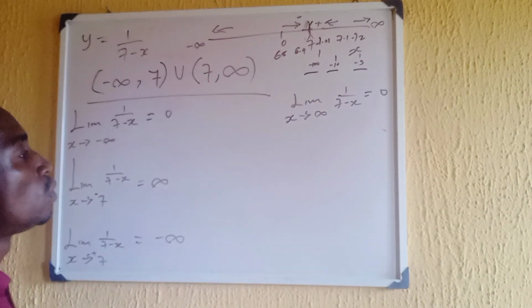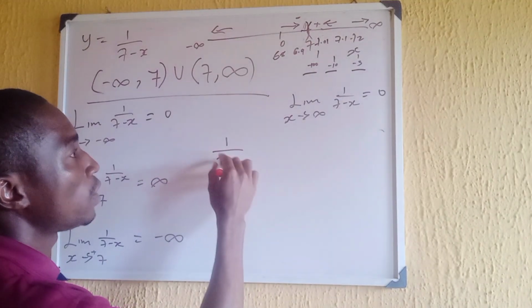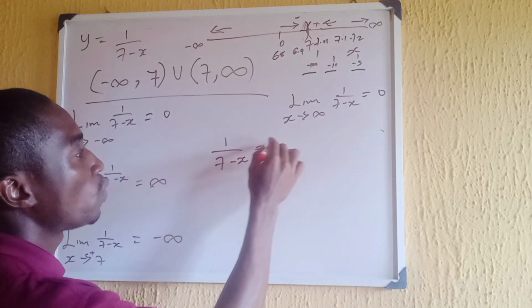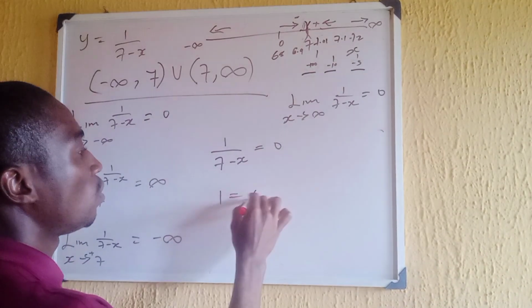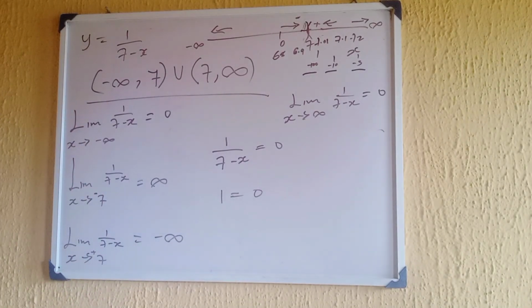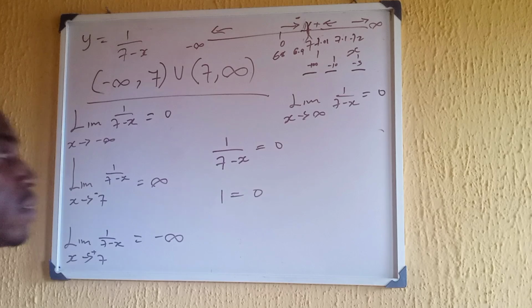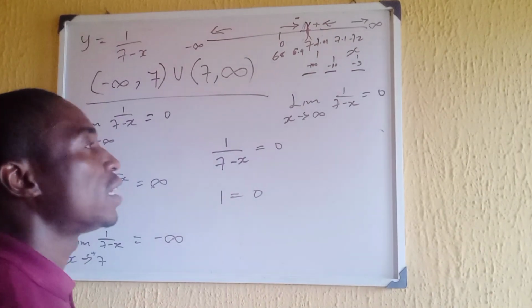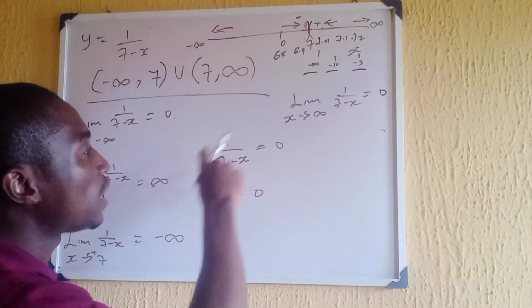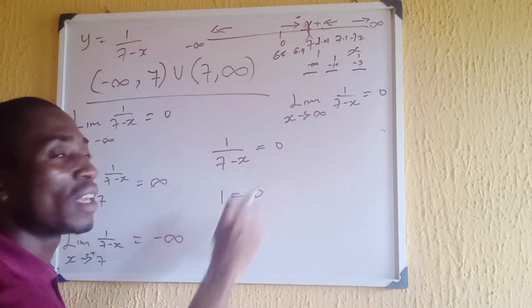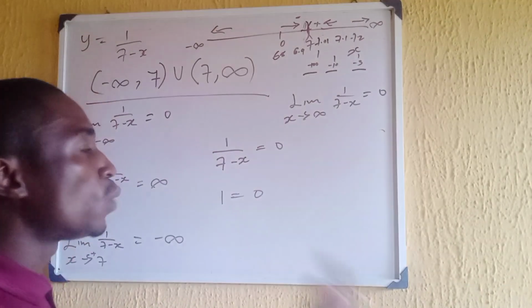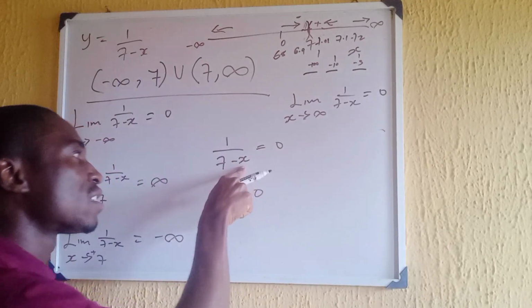So what do we do? We write out the equation 1 over 7 minus x, equate it to 0. You will see that we'll be having 1 is equal to 0, meaning that there is no value of x. We can't get any value for x that will give us that answer 0. That means we can never get 0 as an output, because what gives us the output is x.